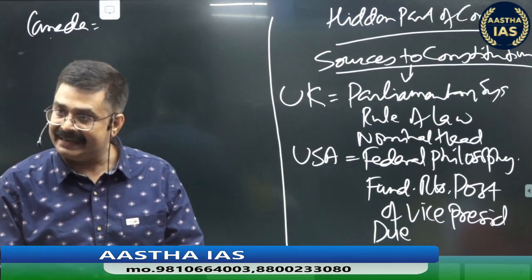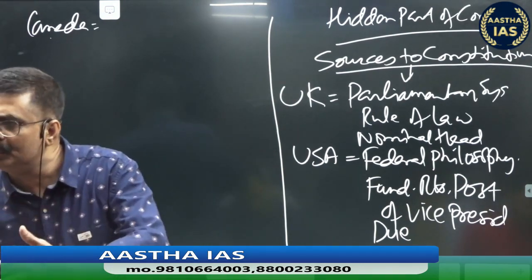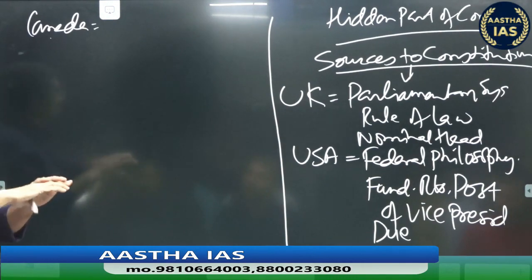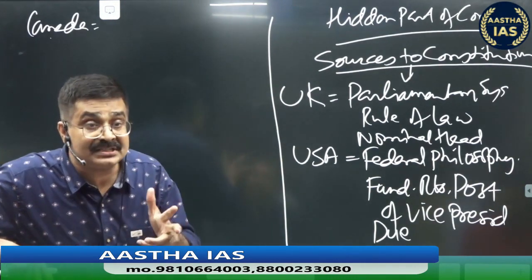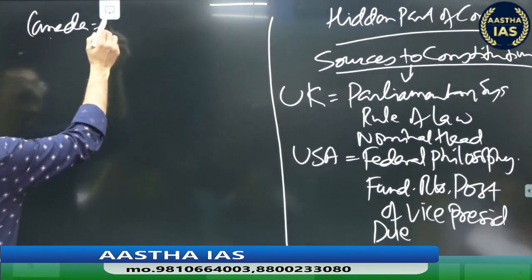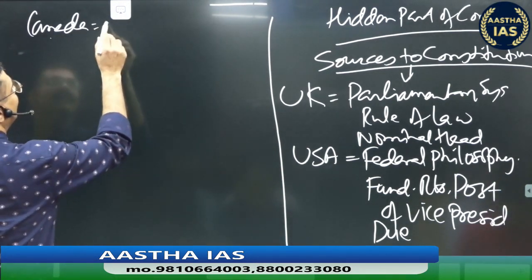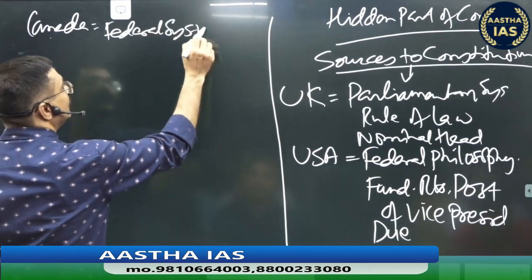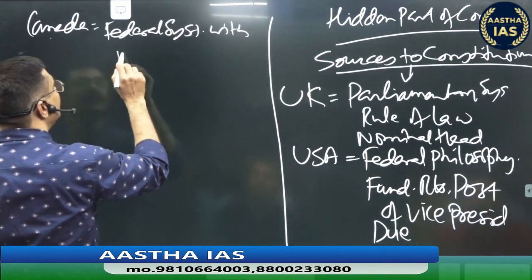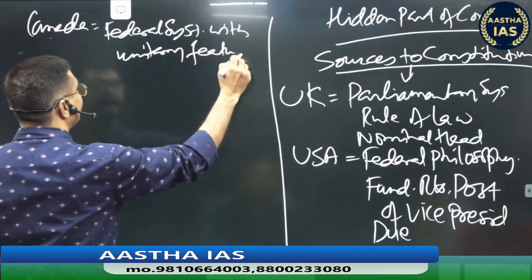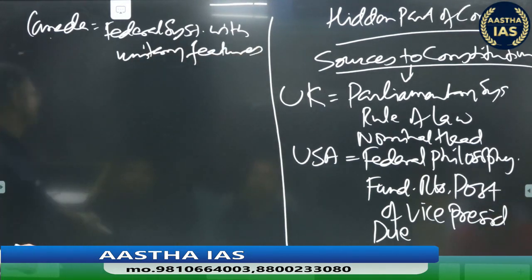That is the reason I said you we are close to Canada for the reason of federal system, because we are also there having unitary features like Canada. Canada, federal system with unitary feature.